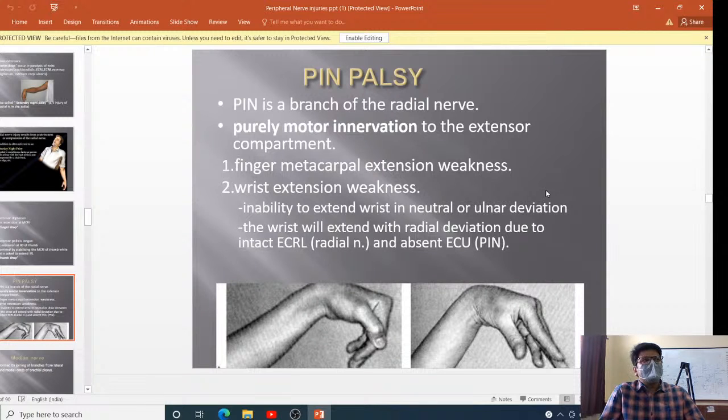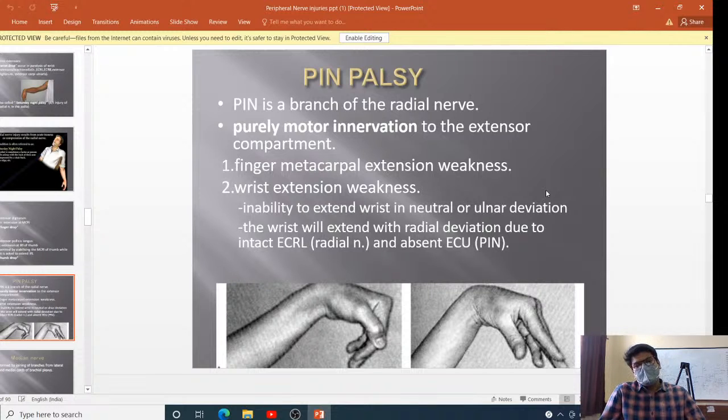Motor nerve means the nerve only supplies the muscles and there is no sensory supply, like for the skin. So when there is a PIN palsy, only muscle paralysis is there, but there is no sensory disturbance.